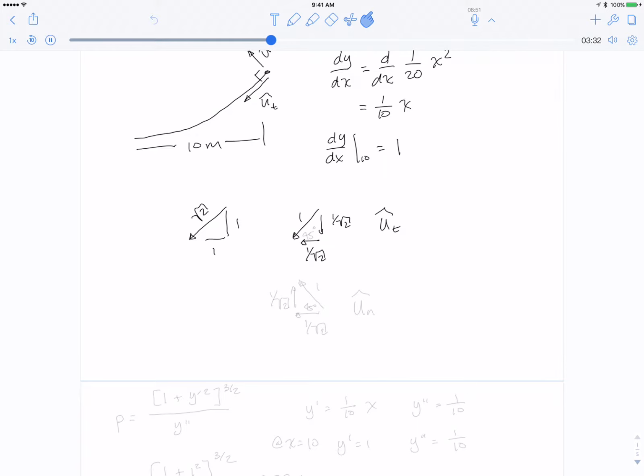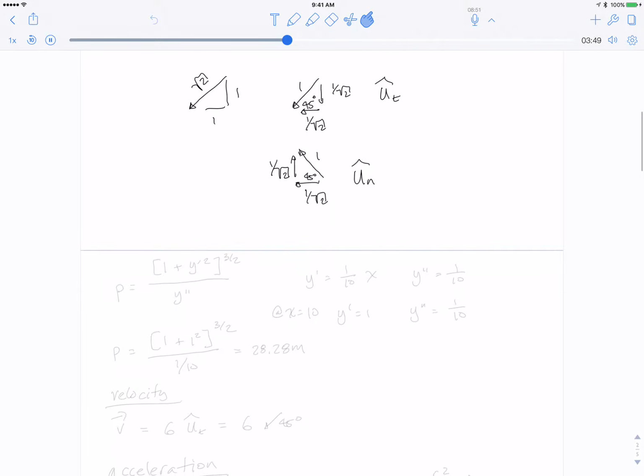U normal is going perpendicular to that, which is still 45 degrees. If it's a length 1, it's 1 over root 2 and 1 over root 2. That's u normal. And so the normal vector is going in a negative x and positive y, 1 over root 2. The tangent vector is going negative x and negative y, 1 over root 2.